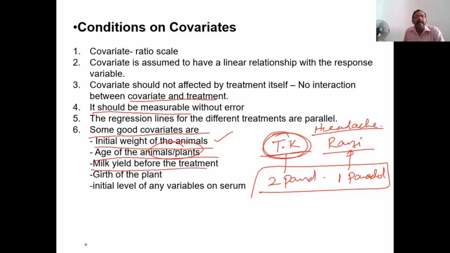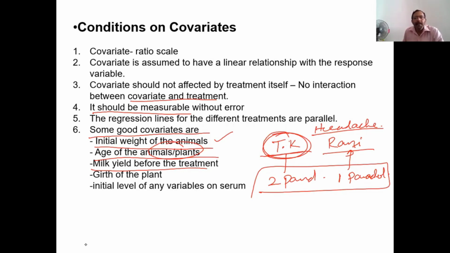Then another example, milk yield before the treatment. Yesterday we talked about milk yield. I have the same age, same parity, same breed. I can keep all these constant, but still the milk yield varies from animal to animal.